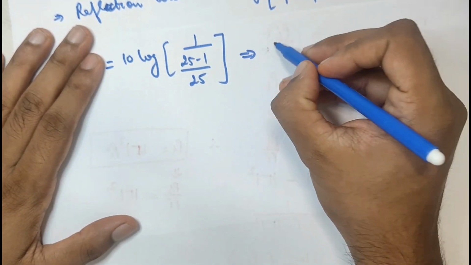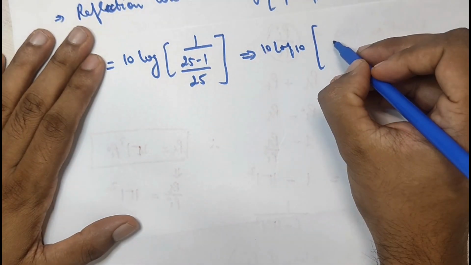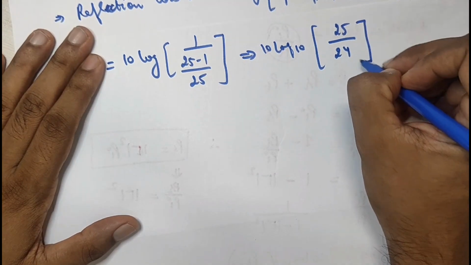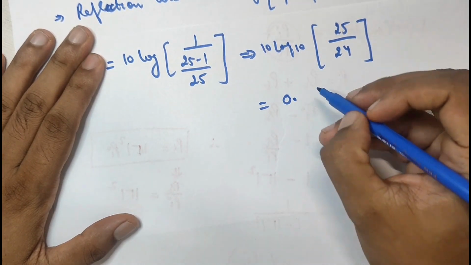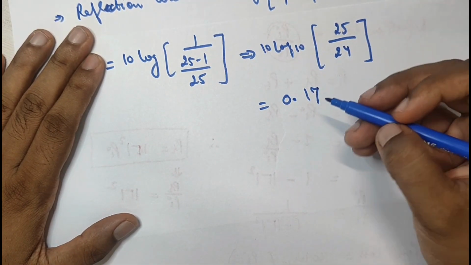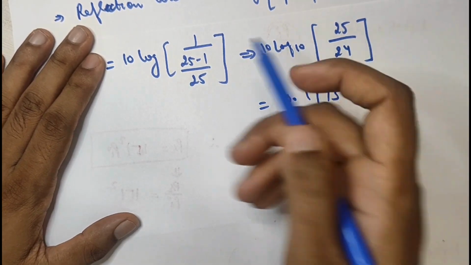This will be nothing but 10 log of 25 by 24. The value of this we have calculated is 0.1773 dB.